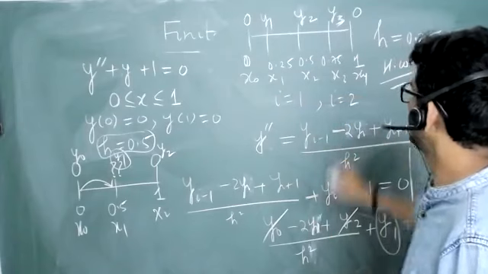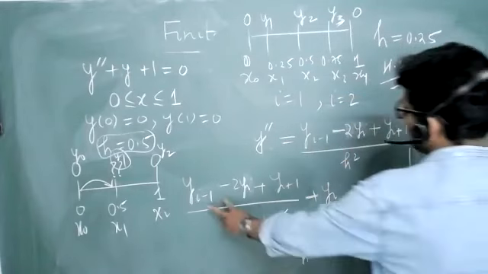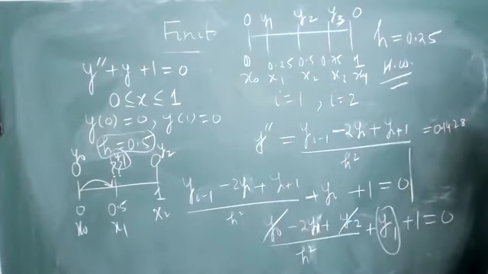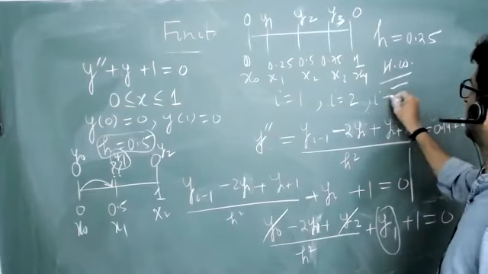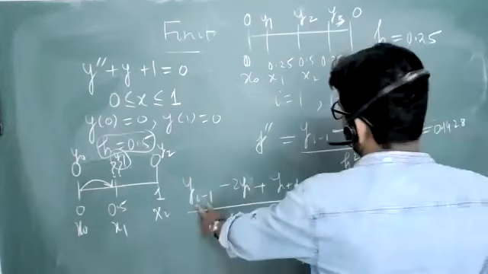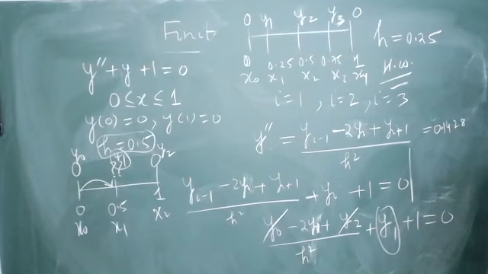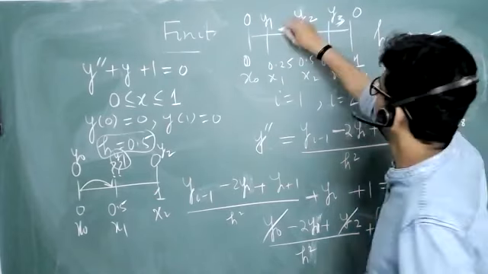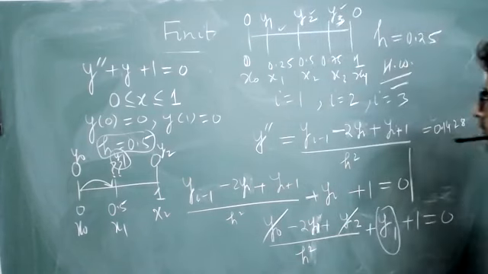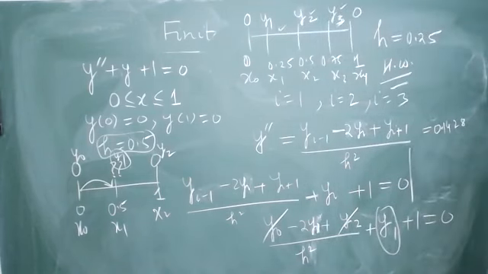Then you will take i equal to 2, and it will become y1, y2, y3. Then you will take i equal to 3, so it will become y2, y3, y4. Now 3 equations will be formed and 3 variables are there, and they can be solved.